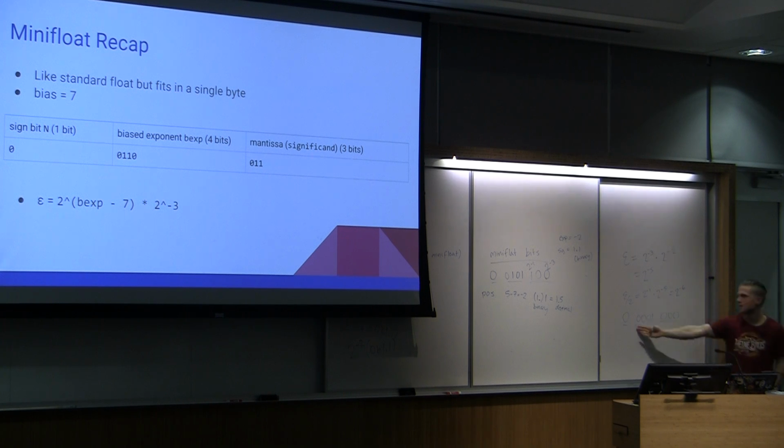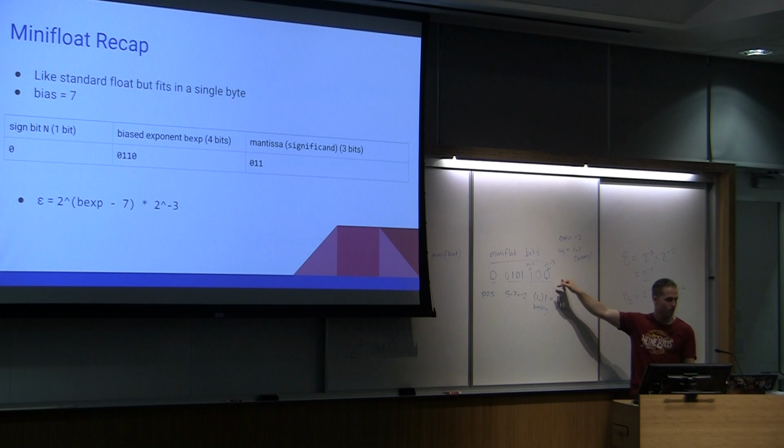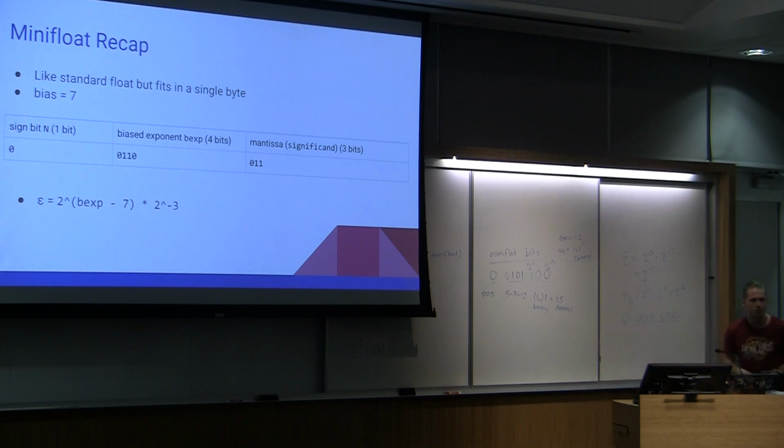And this mini float has its own epsilon, right? But this number, when added to this one, would not be able to change it. The result would be the same. Yeah? Is epsilon over 2 the minimum amount we would have to add to change it, or the maximum amount we could add where it wouldn't change? We're not going to worry too much about rounding, but basically, if you add epsilon over 2, it won't change at all.